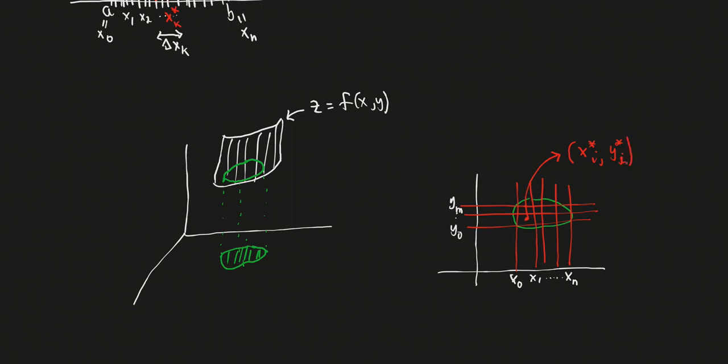So from the ith little rectangle there, we pick one ordered pair. Now what are we going to do with this ordered pair? Let's say the ordered pair is right here. What I'm going to do is find the corresponding z value for that ordered pair. So I'm going to indicate it right there.